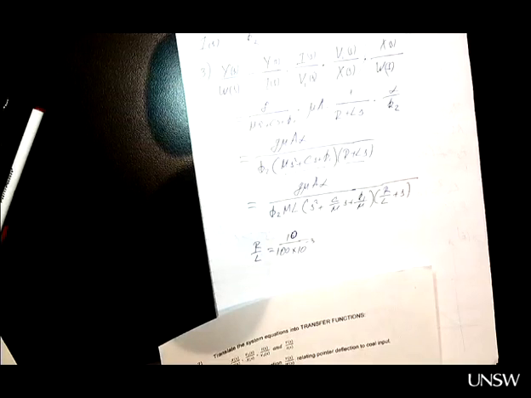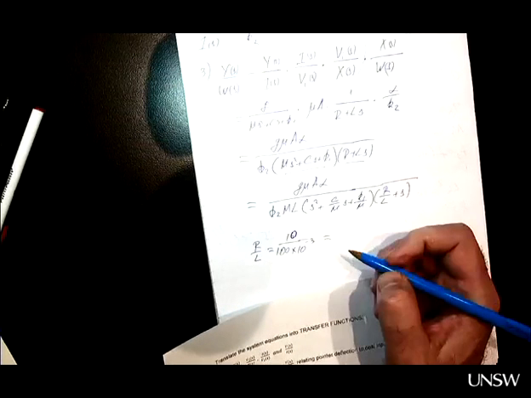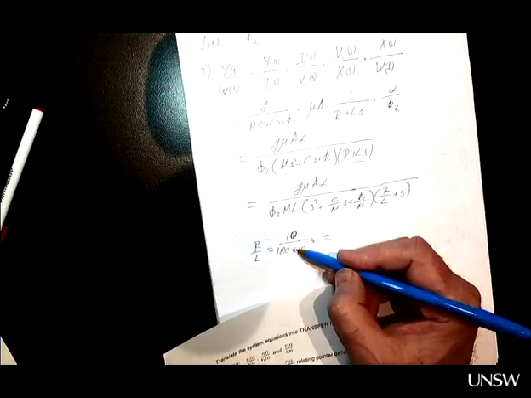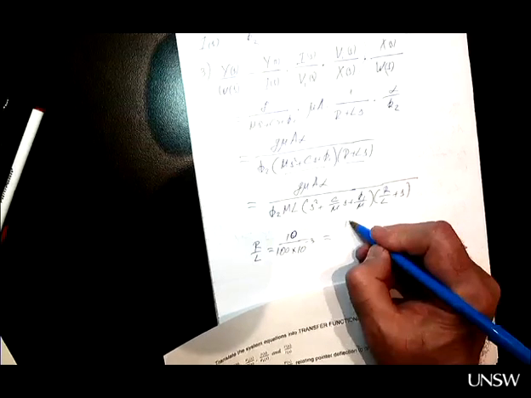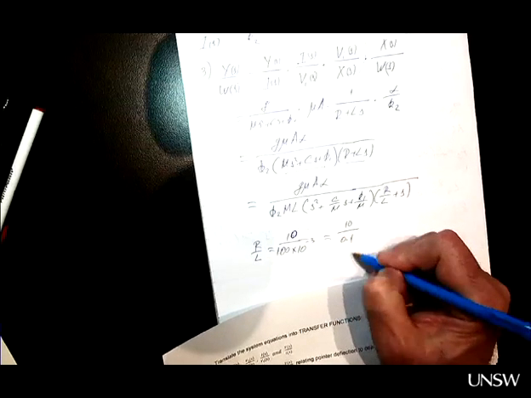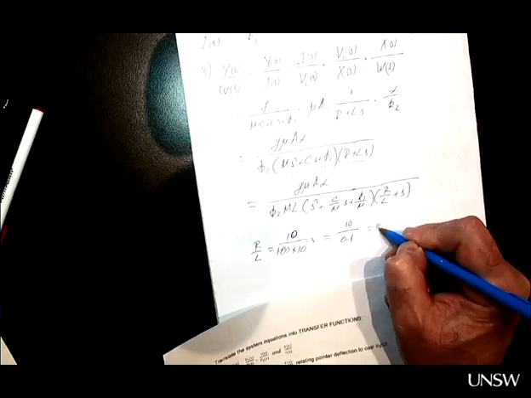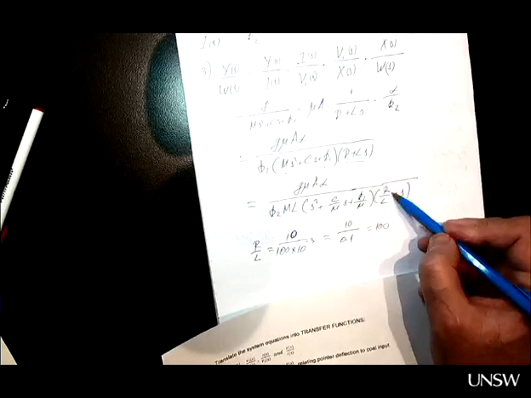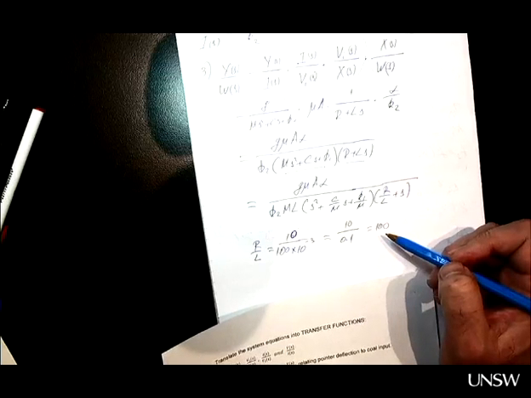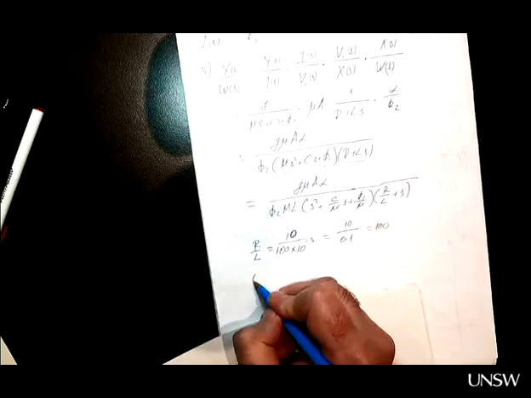So it is 10 over 0.1, which is 100. But that's R over L. Time constant, tau, is L over R.